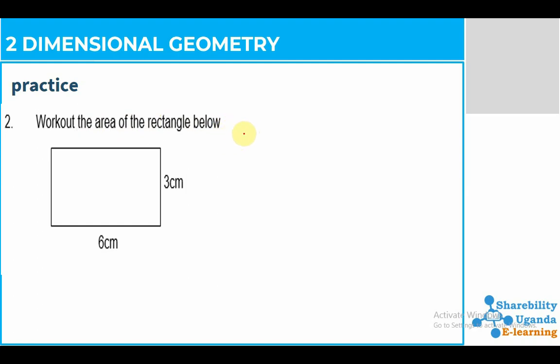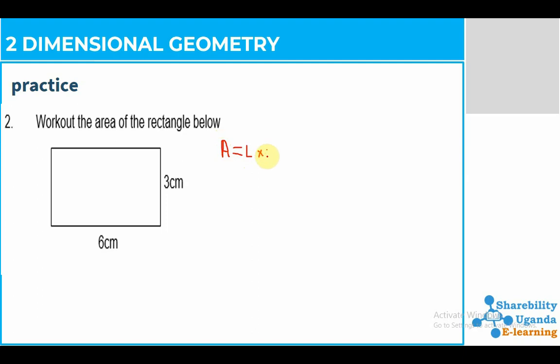Then we should also understand, is this a rectangle or a square? This is a rectangle. We said a rectangle has our formula for finding our area as length times the width.